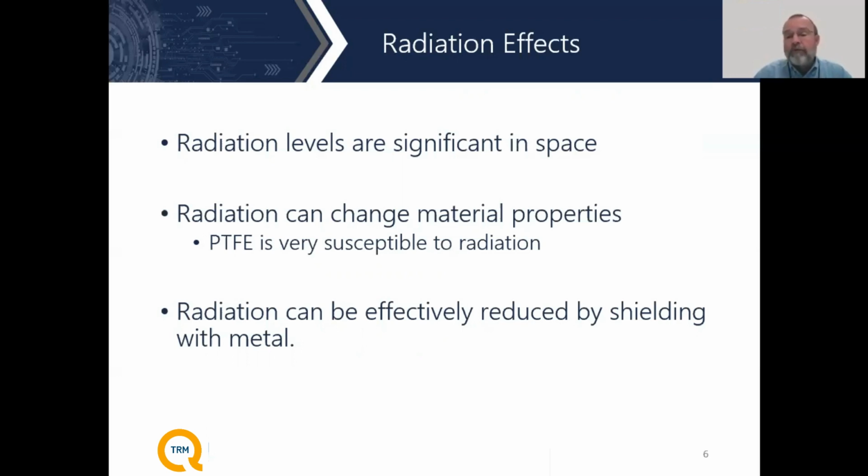Also, where it's mounted on the spacecraft makes a big difference as to how much shielding we have to have around the parts, because it's the total amount of shielding that the individual component will see, as opposed to just the shielding within each individual little component.